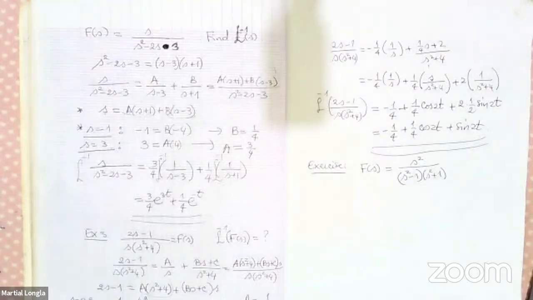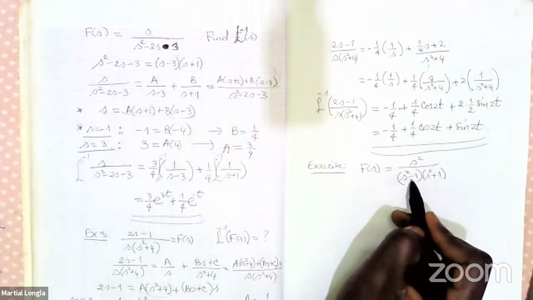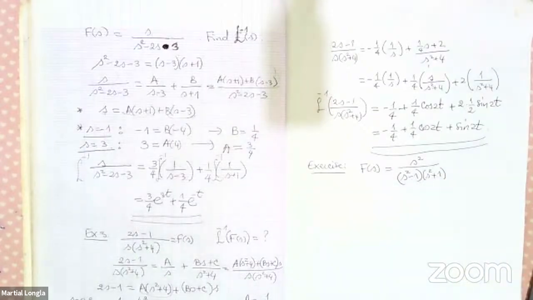And I give you a hint. Don't try to factor out this one. Just go ahead and do partial fractions with it and use hyperbolic sine and cosine.